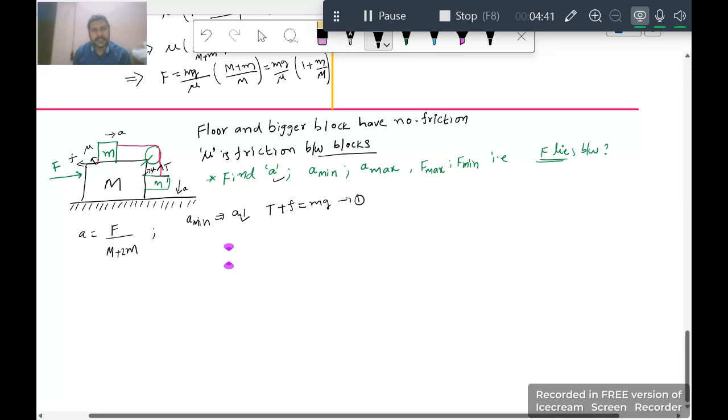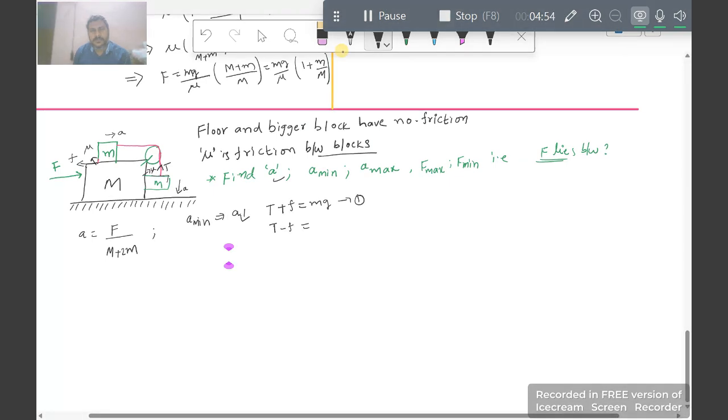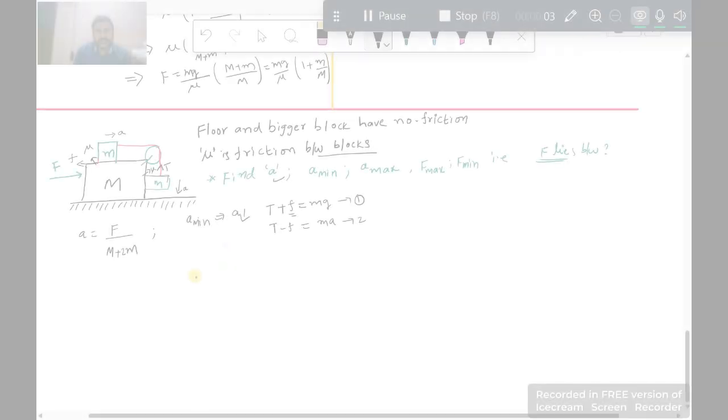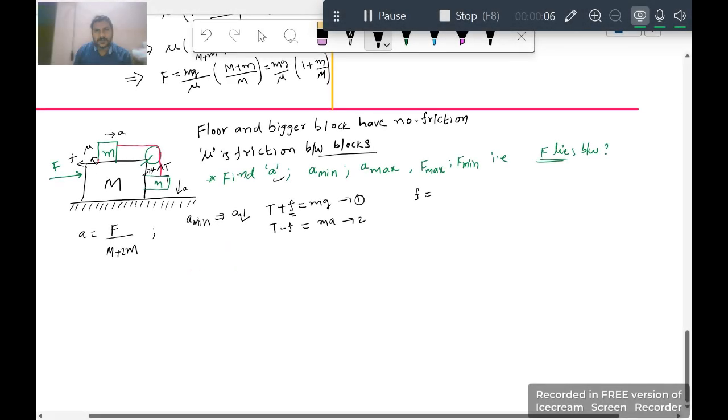And similarly for this block, apply the same. So T minus F is equal to ma. Here in the first equation F is equal to mu into N, so that is equal to mu into ma.